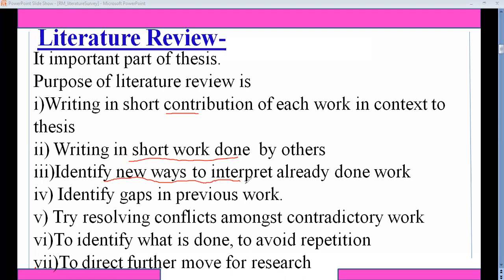Then comes the table. When we make the table, we can get a clear picture of what parameter they have studied, what is the range, what range is not covered, what condition is not covered. It is very clear from the table. Please understand.